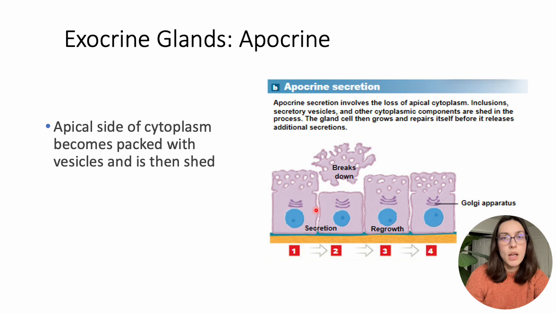And now the cells have to regrow in order to remake that product and become full-sized again. Okay, so again, we have vesicles, but instead of exocytosing, the whole apical side of the gland cell breaks apart. So think that apocrine is the apical side of the cell is broken down. The example for this is the mammary glands and how we produce the milk that the babies suckle.